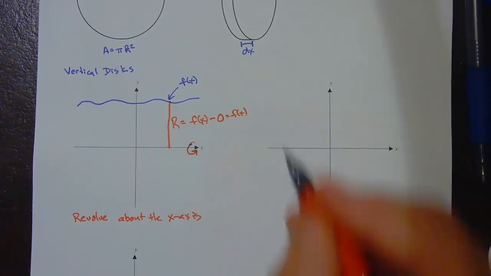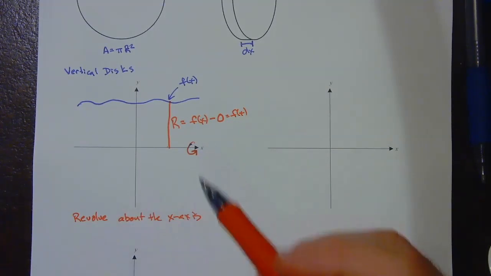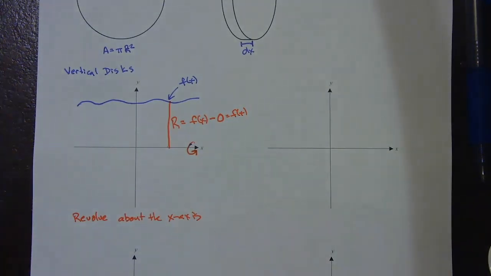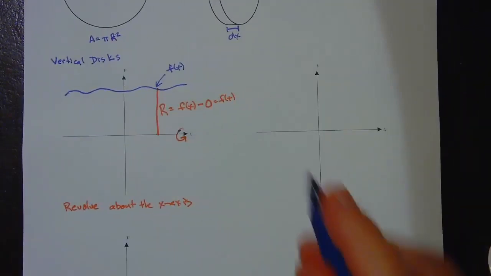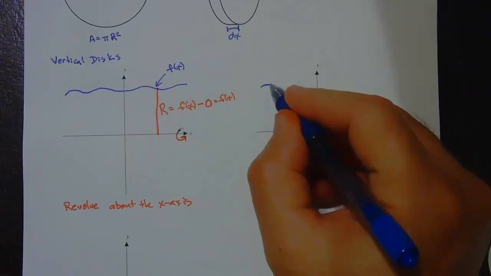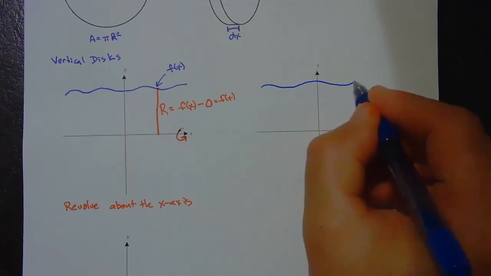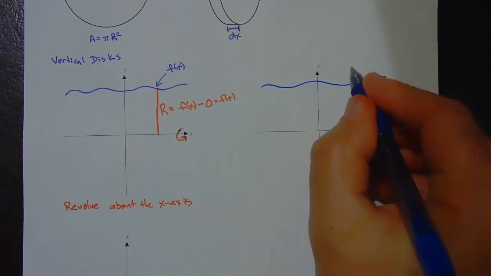And what's important is that your radius is going to be changing. Okay, so let me go to the next one. This one's also going to be vertical. Let's say it's this, so that's our function f of x.